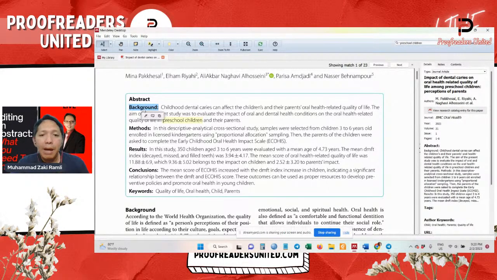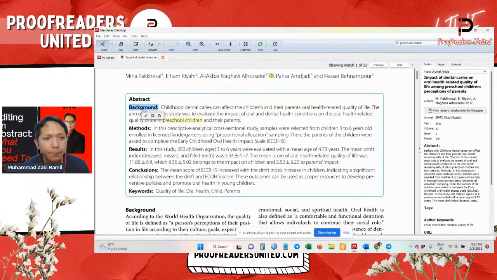About saving words or saving the quota in the abstract, an abstract should be as concise as possible, so that it delivers the meaning that we want to deliver in as concise a way as possible.